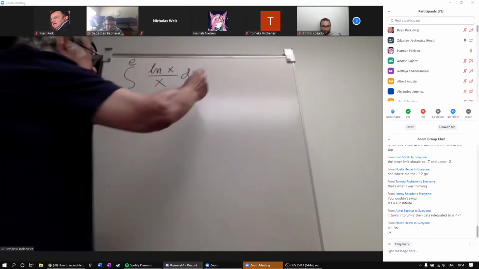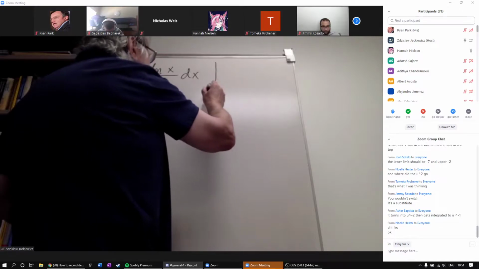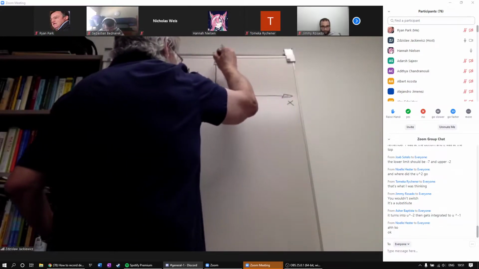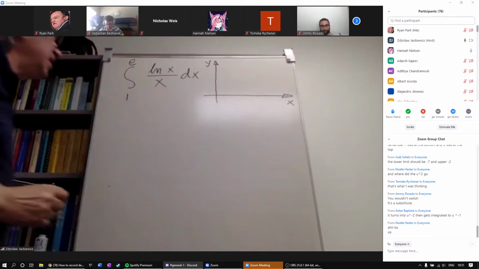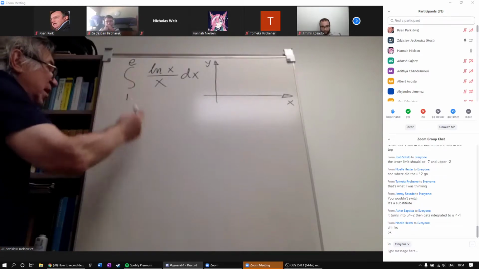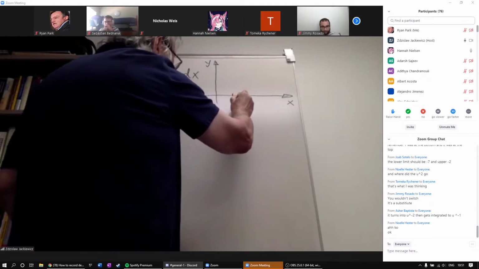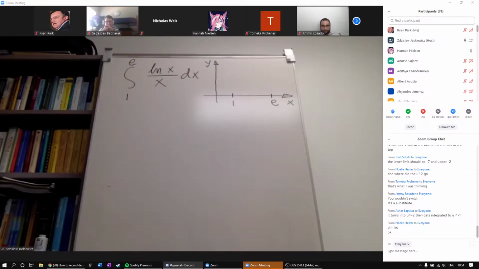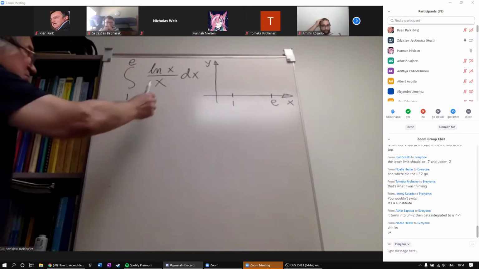If you try to draw the picture, here is x, here is y. Let's draw this function. x ranges from 1, so let's say 1 here, and e is here.